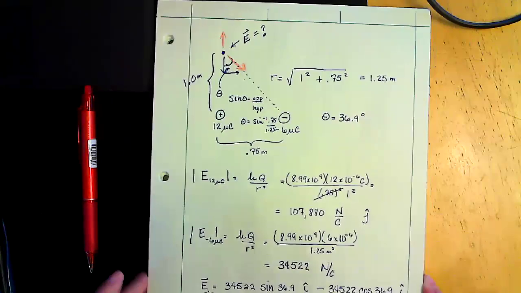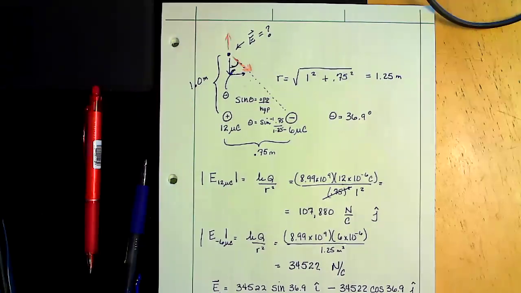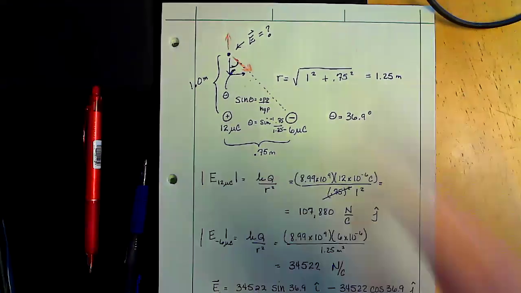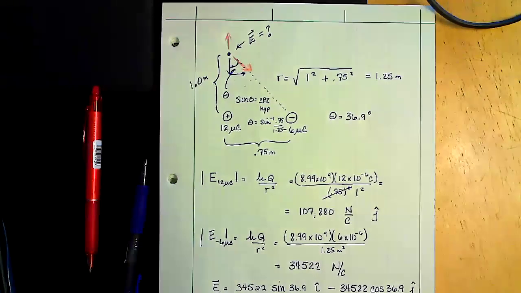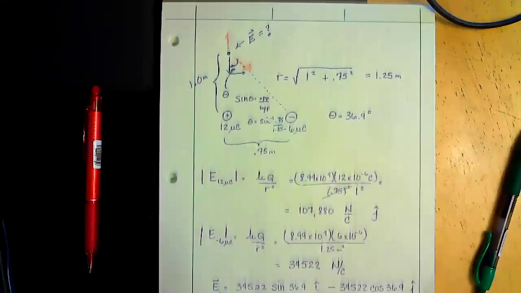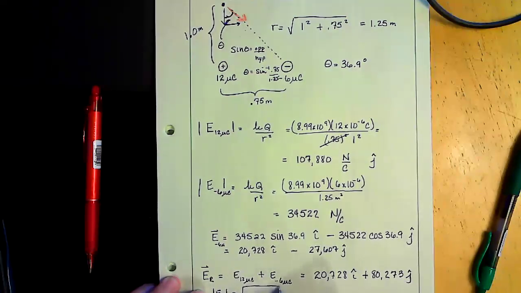So what that's telling me is, if I am looking at the electric field at this point, it's going to have a magnitude. And if I want to find the magnitude, remember how: it's the square root of the sum of the squares of my two components.